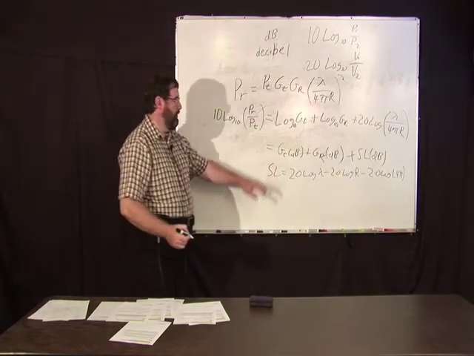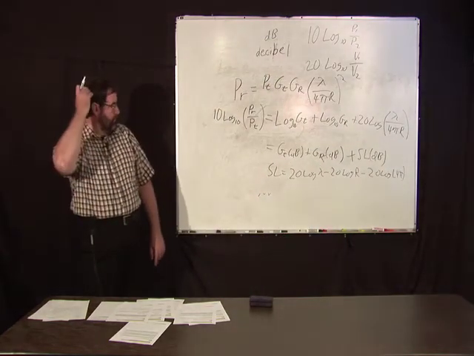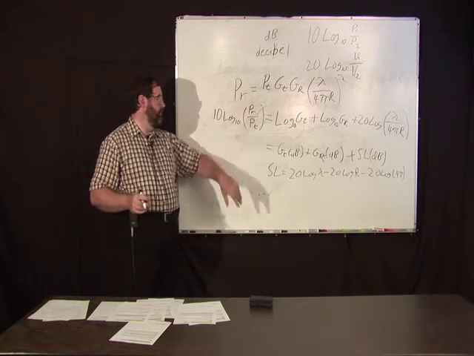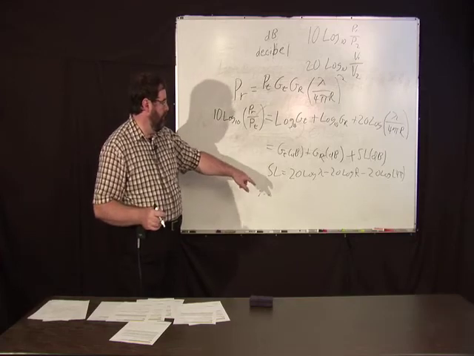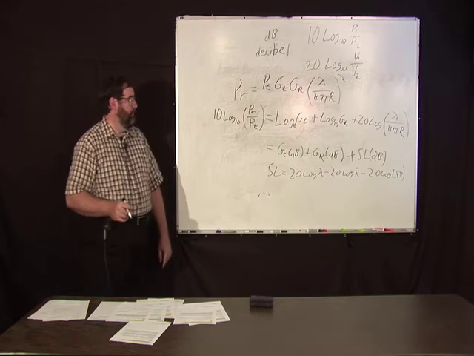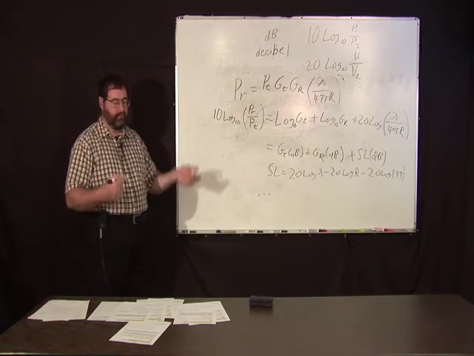Okay, those are all base 10. So that's how you would deal with something like that. You use your rules for logs, and then you can create all these equations to do things by just addition and subtraction.